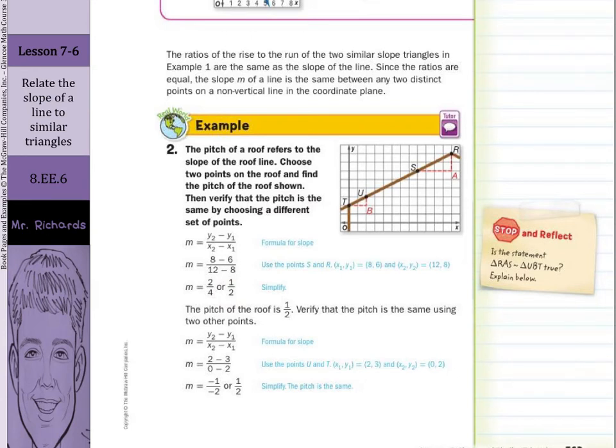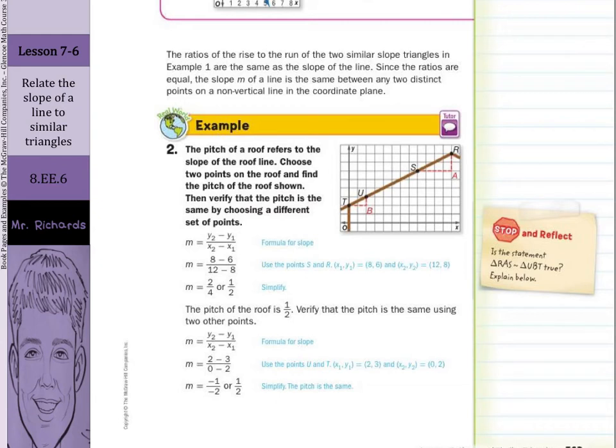And then we chose additional points T and U, where U this time was our x1, y1 at 2, 3, and T was our x2, y2 at 0, 2. This was substituted into the slope formula and also found a slope of 1/2. So the pitch is the same at both points, since the slope is the same.